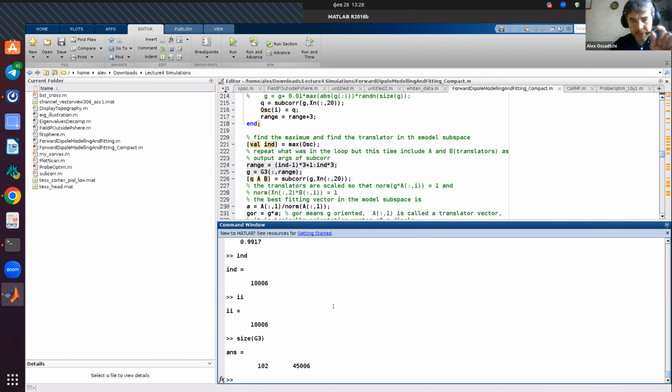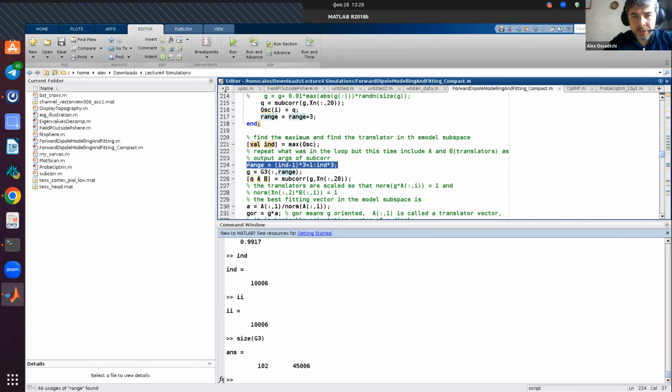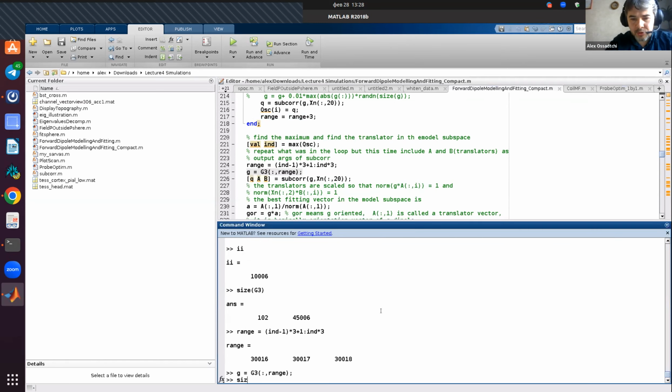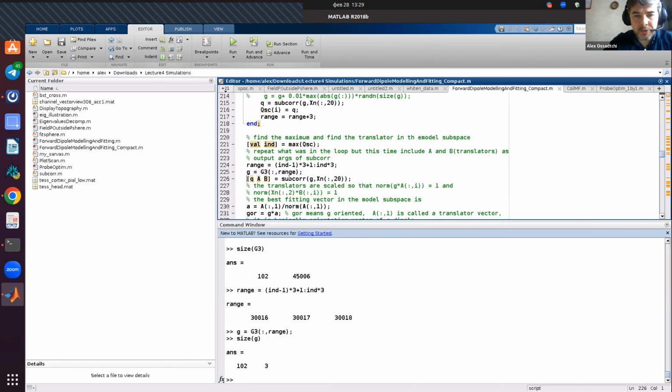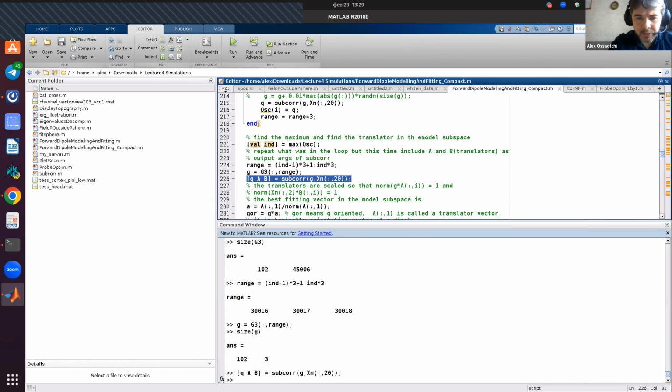And now we need just to take the proper triplet, which corresponds to index 10,006, and it means that those will be columns 30,016, 30,017, 30,018. Okay, so I take these columns. And now my matrix G is my forward model for this location. Okay, 102 by 3.